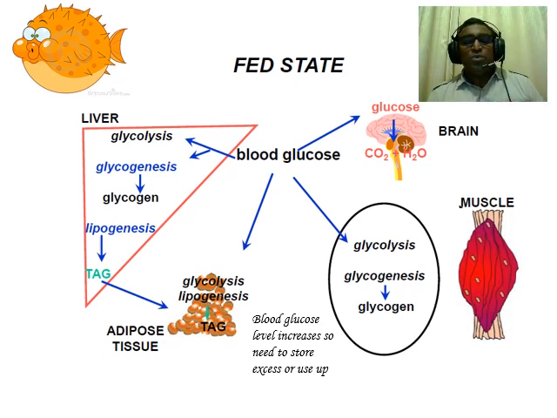So through lipogenesis, you will get lots of fatty acid, and this fatty acid can be converted to triacylglyceride and mobilized to the fat cell and kept as triacylglyceride as and when required. So that's the effect in order to make sure the blood glucose level, which has been raised during the fed state, comes down to the steady state.